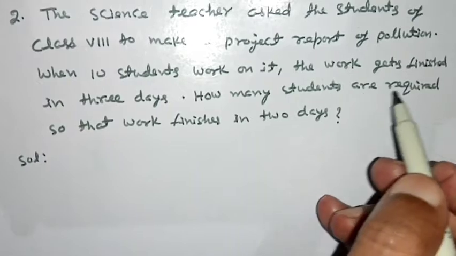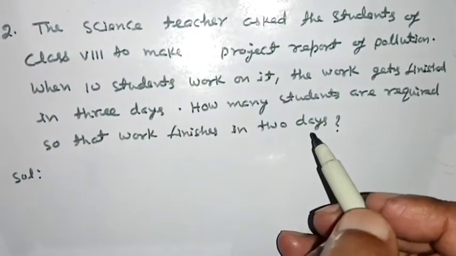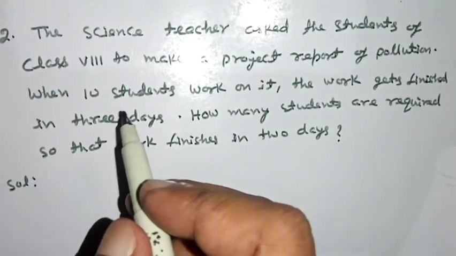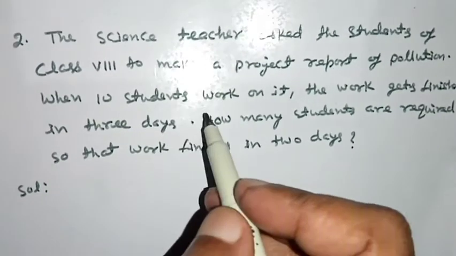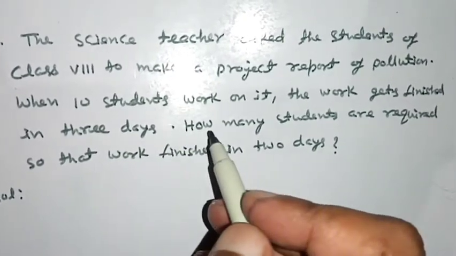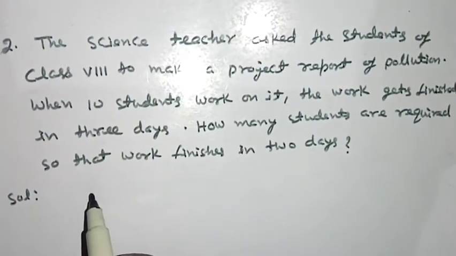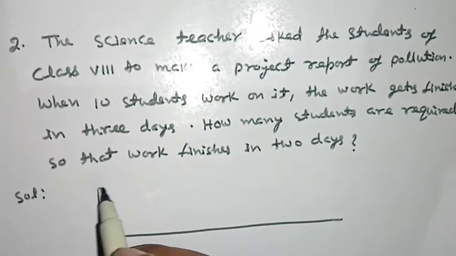How many students are required so that work finishes in 2 days? Children, here two quantities are number of students and time taken to finish the work. So first of all, we form a table like this.